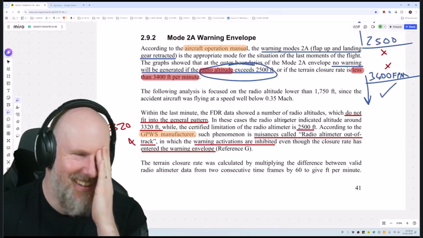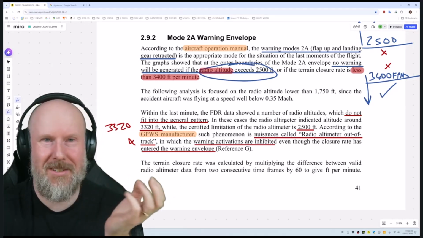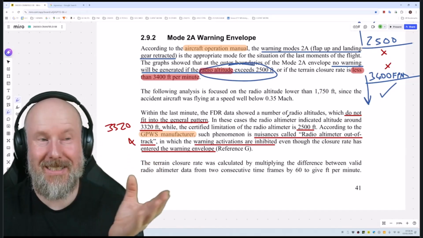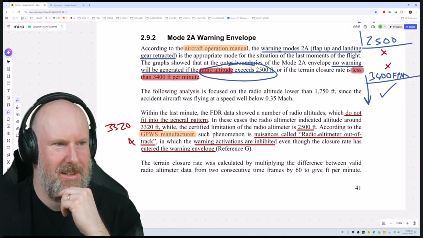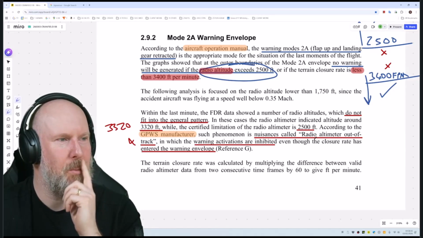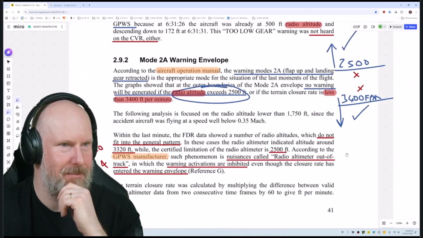Right, so it's not doing what it's supposed to do then. So there's a feature of this design, whether it's a failure or dangerous success is irrelevant. It's a feature of the design that it provides nuisances called radio altimeter out of track, in which the warning activations are inhibited even though the closure rate has exceeded the envelope.